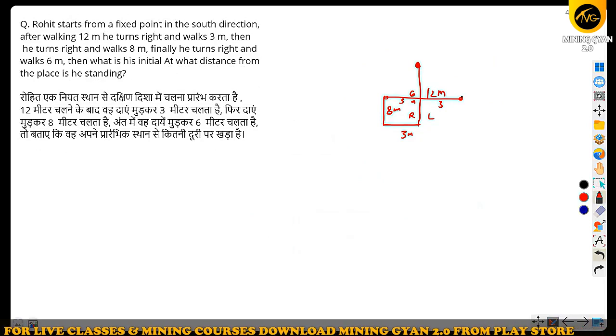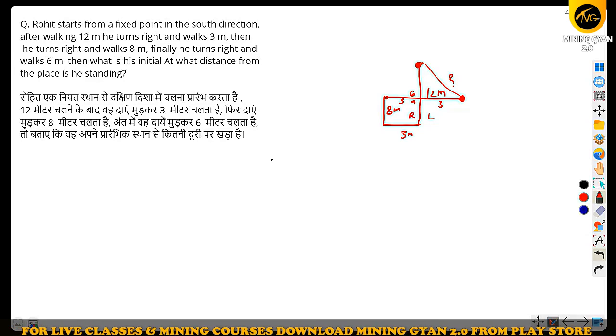So basically we have to find out the distance between the initial position and final position. So it will be the total distance from initial position. Now we have to use the basic Pythagoras theorem and you can find out the correct answer. Suppose you nominate these points.